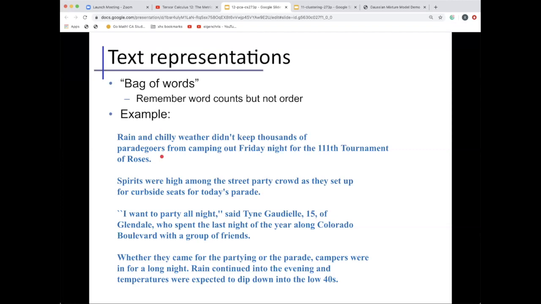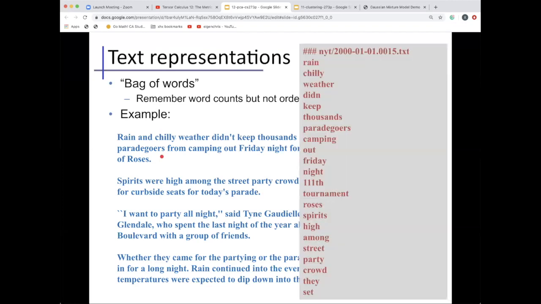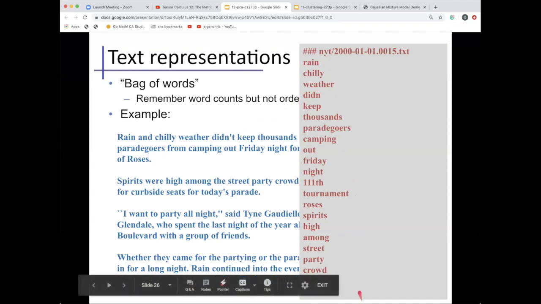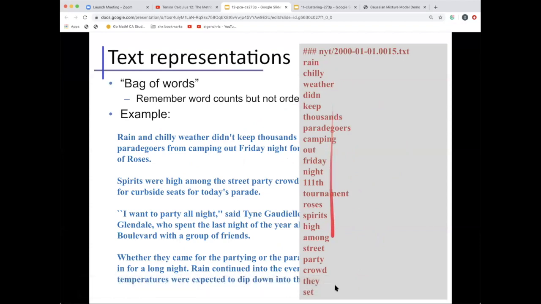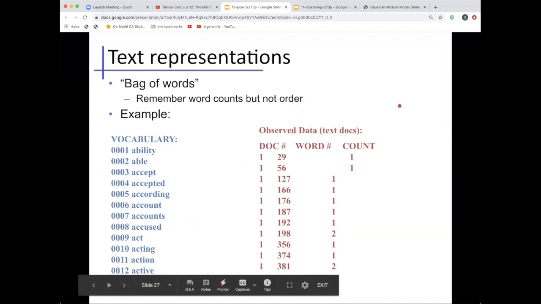All right, suppose we stick with this representation, and now think about how to represent each document. First of all, I can generate a list of the vocabulary appearing within a set of documents, a corpus. Usually that will be a long list of words. I can treat each word as a feature.